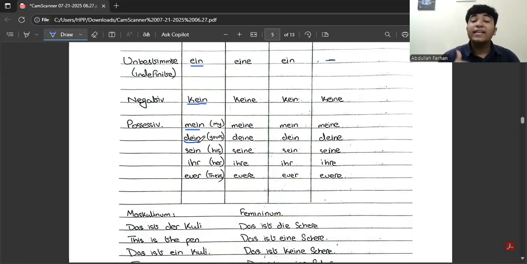If I want to say his pencil, I will say sein Bleistift. And if I want to say her pencil, I will say ihr Bleistift. If I want to say their pencil, like the third party, their pencil, I will say euer Bleistift. All right. I hope that made sense.